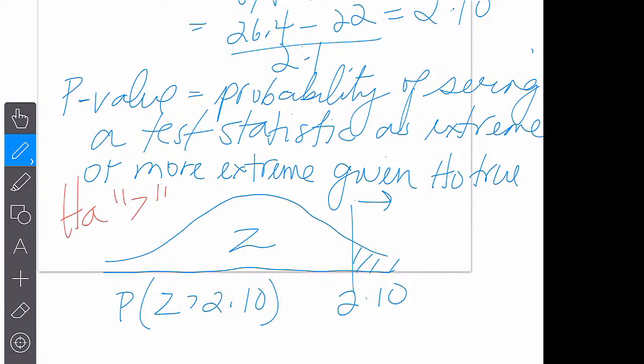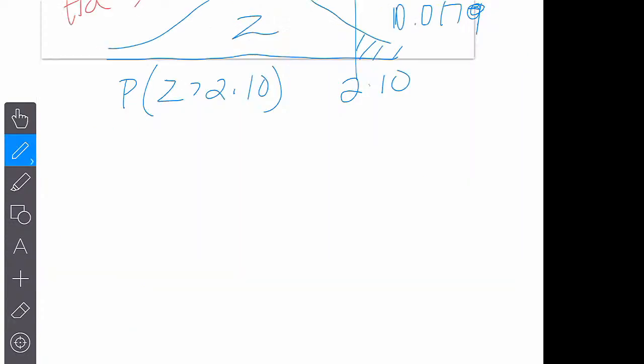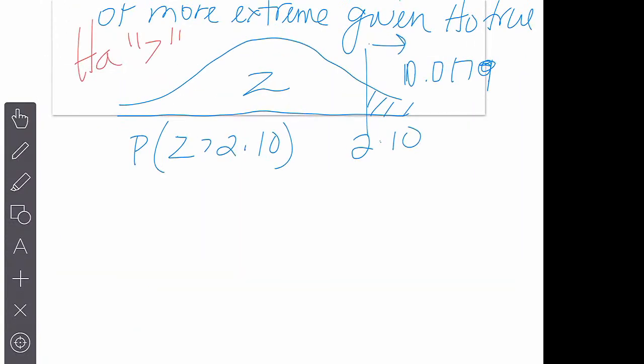Anyone? No one? It's very small. It's 0.0179. So it's very small. This is known as the p-value, right? So that's the chance of seeing a z statistic or test statistic.